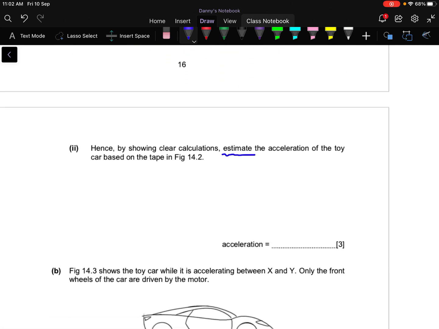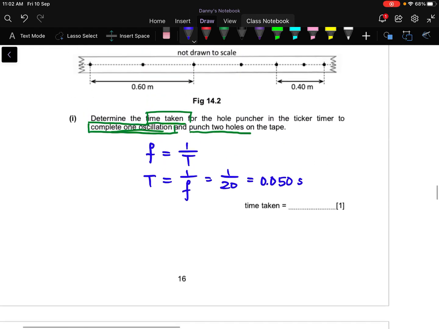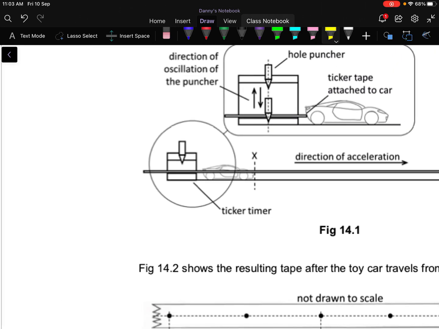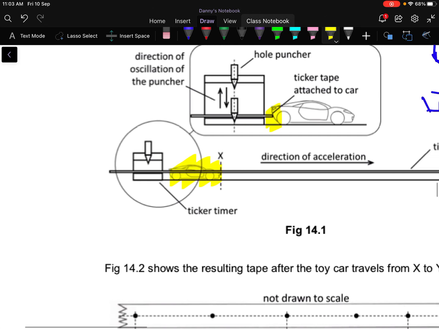Simple as that. Okay, for part 2, it is kind of tricky because very seldom you see this word estimate. So what do I mean by estimate? Down here, you need to understand the context first. The car is at this position, X, and then the car is attached to one end of the tape.